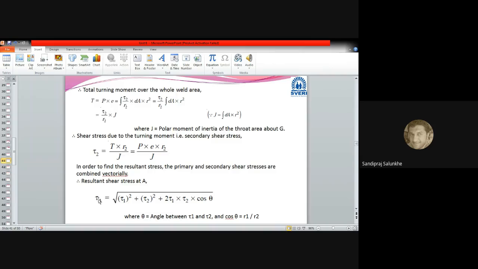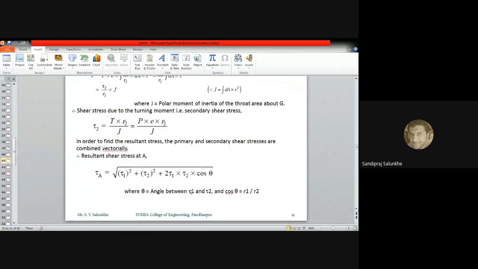So it is calculated as tau 1 square plus tau 2 square, that is primary shear stress square plus secondary shear stress square, plus 2 tau 1 into tau 2 multiplied by cos theta. Where theta is the angle between tau 1 and tau 2, the primary and secondary shear stress, and normally cos theta is calculated as R1 divided by R2. R1 is the smallest distance from the CG of any welded point, and R2 is the maximum distance.